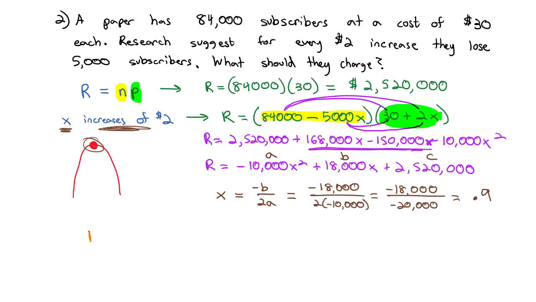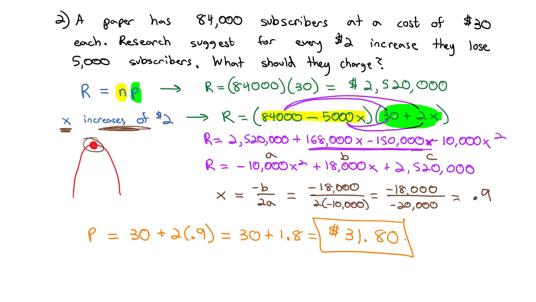So to calculate P, the price they should charge, we'll do that factor of 30 plus 2x, 30 plus 2 times 0.9, or 30 plus 1.8, they should charge $31.80. If they charge $31.80, they're going to make more revenue than they currently do, and they'll have to print fewer papers, which reduces the cost, which increases the profit, and so that is the best price they should charge, and they know that because of solving for the vertex of the quadratic.